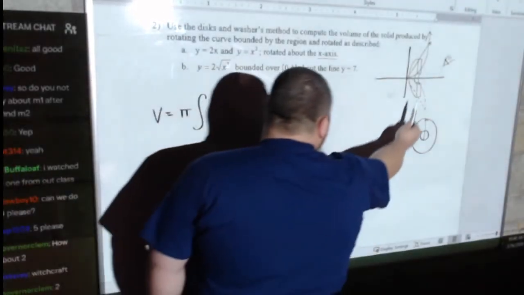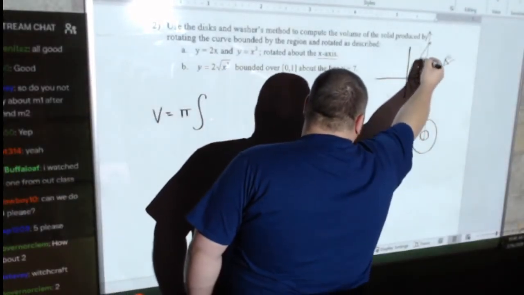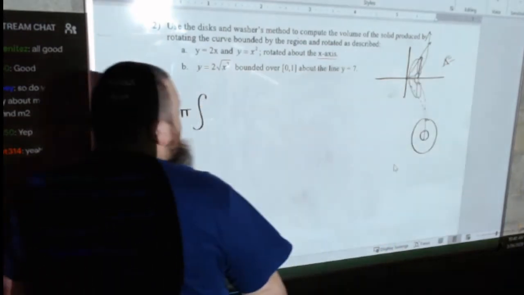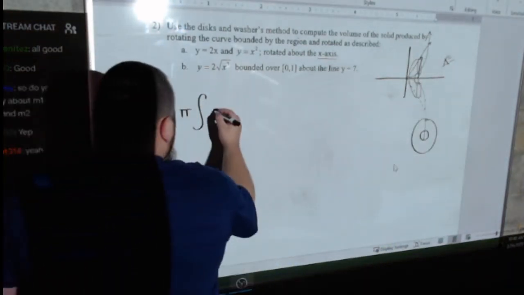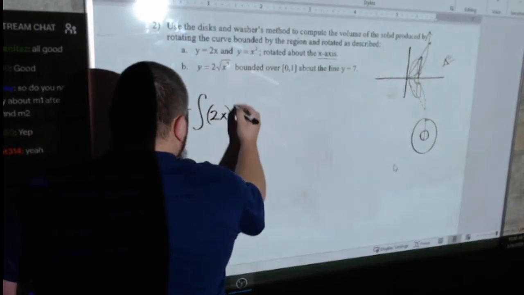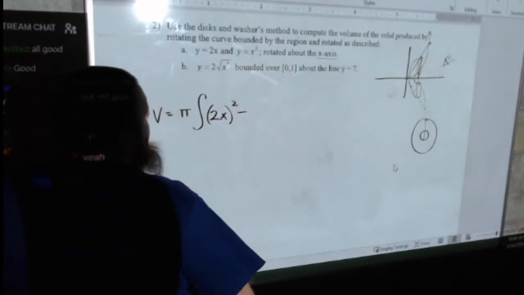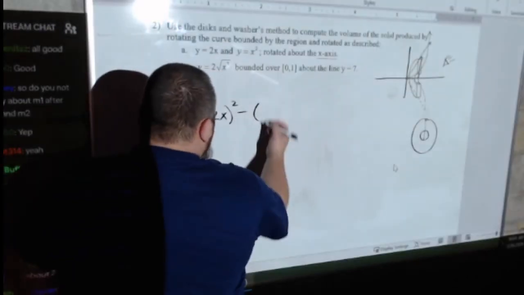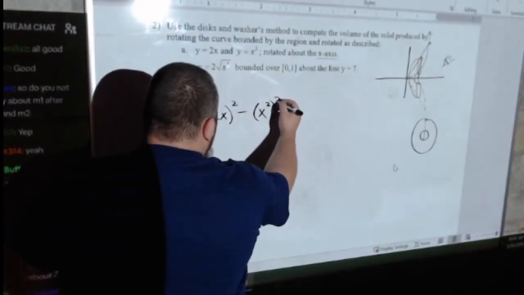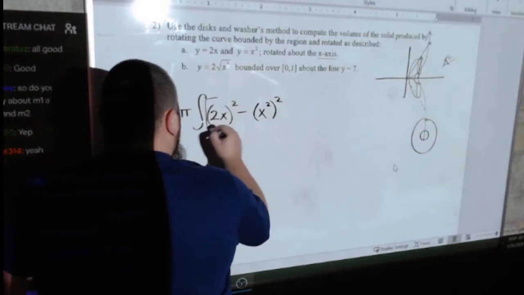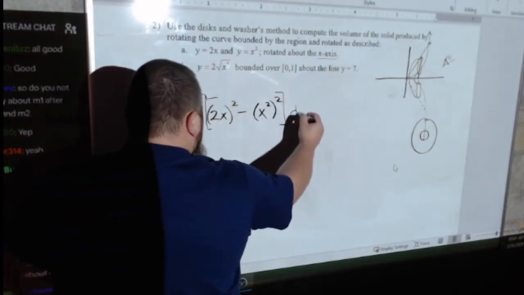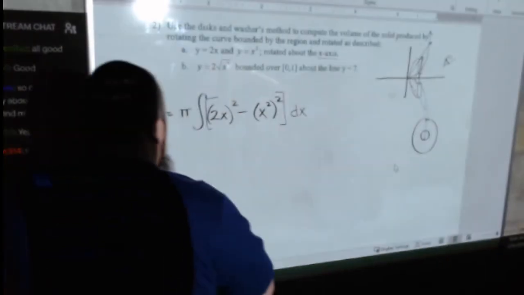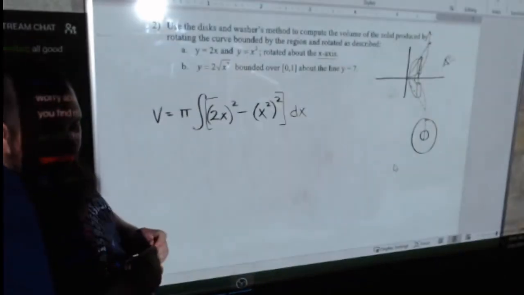Well, the outer function is the line here. So that's (2x) quantity squared, minus the radius of the inner function, quantity squared, dx.